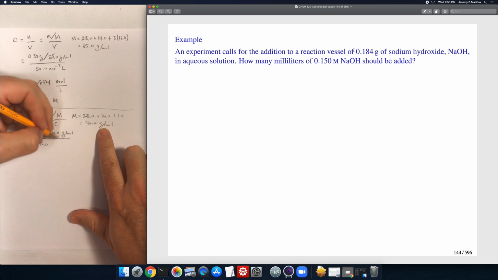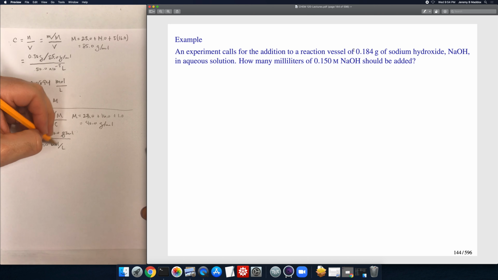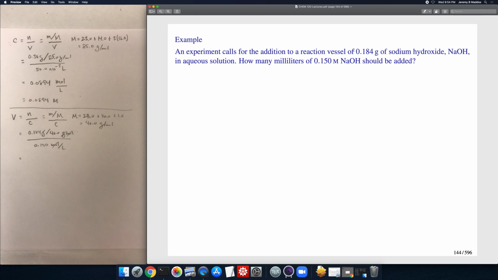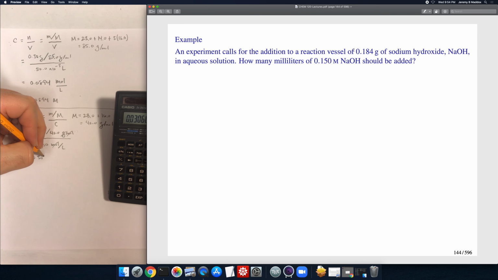And I'm going to go ahead and plug this in as moles per liter. And so what we're going to find is that the grams cancel, the moles cancel, and we're going to be left with liters. And so I'm getting 0.030, we'll call it 7 liters.